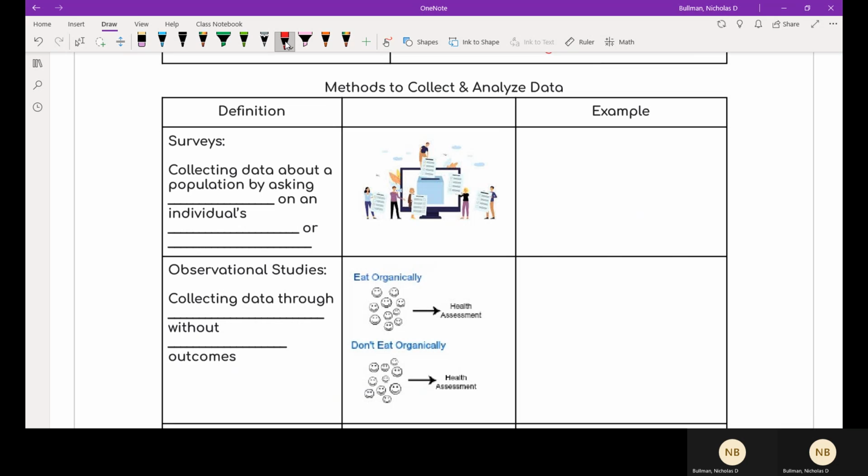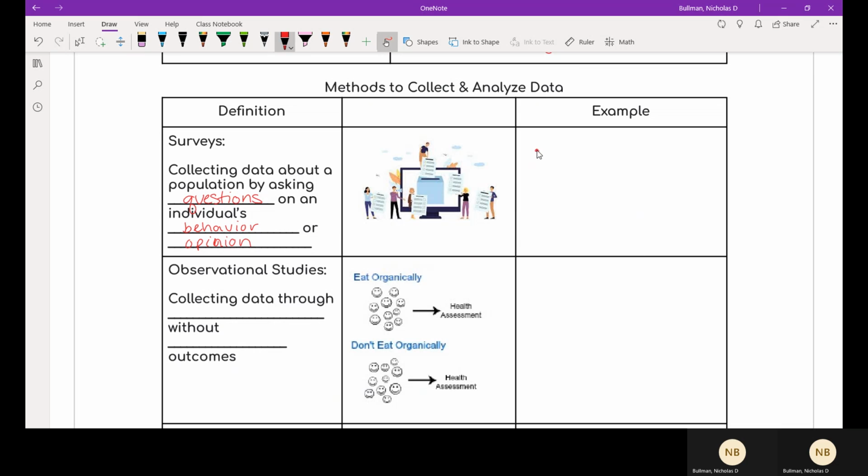Surveys is collecting data about a population by asking questions on an individual's behavior or opinion. I have this little infographic to show that we take in their opinions and their feedback, and then we reach a conclusion.